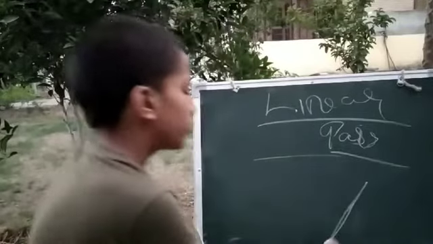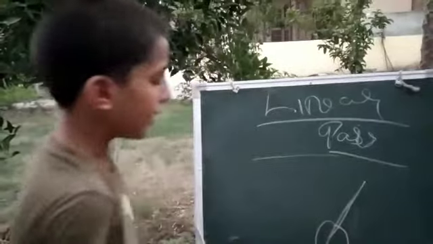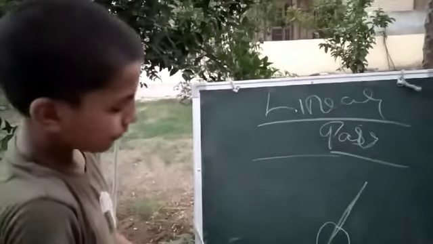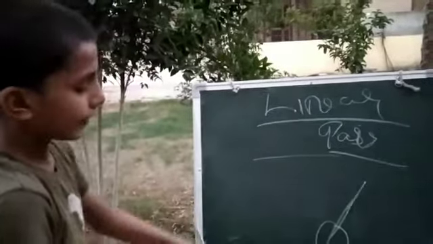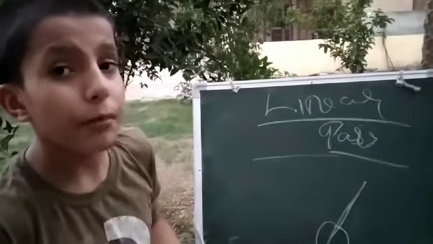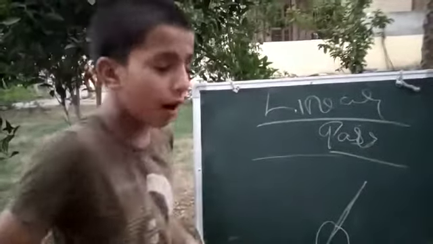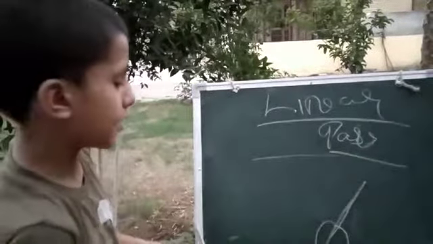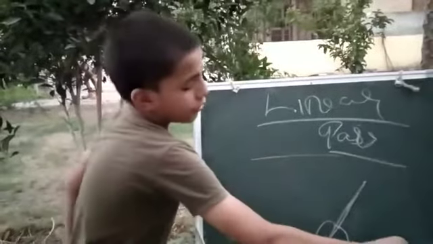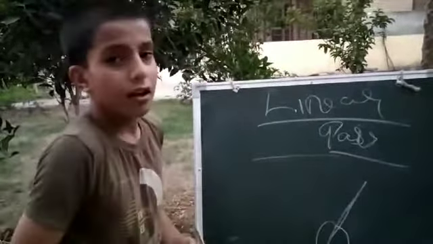You can see that there is a formation of an angle, and there is another. So there is a formation of supplementary angles. There is a supplementary angle in the linear pair, and there is the adjacent angle, and there is one straight line. Only this is a linear pair.